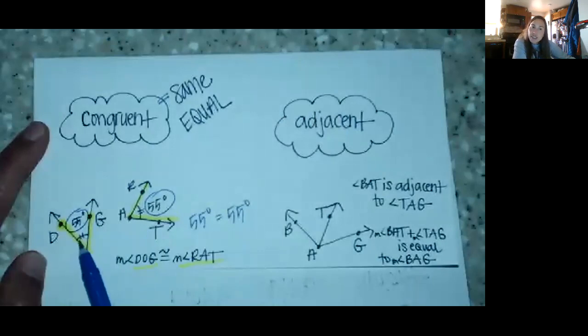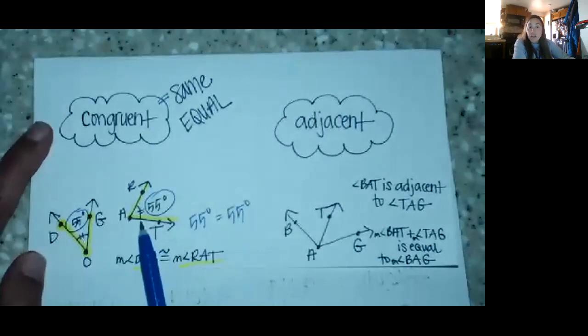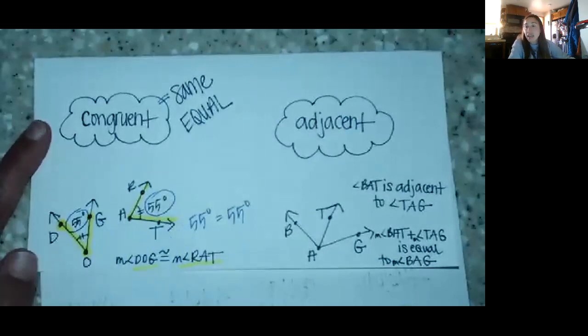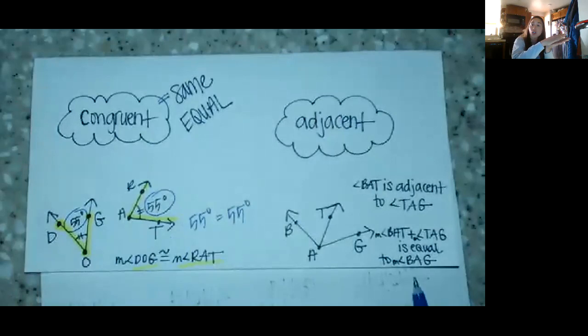What this tells me is that this angle is congruent to this one. That's another way to tell. So again, these two angles, angle DOG and angle RAT, are congruent because they're the same angle degree. Their angles are open and measuring the same degree.